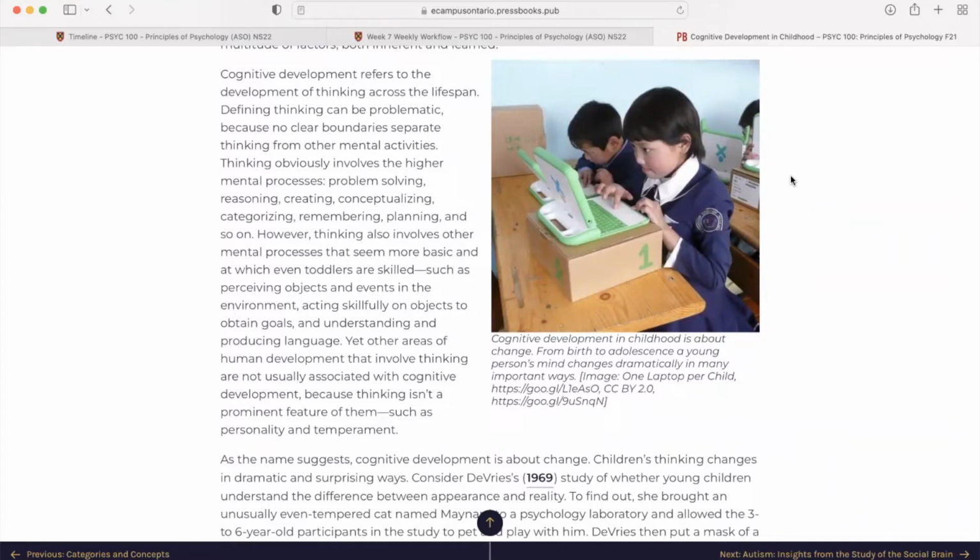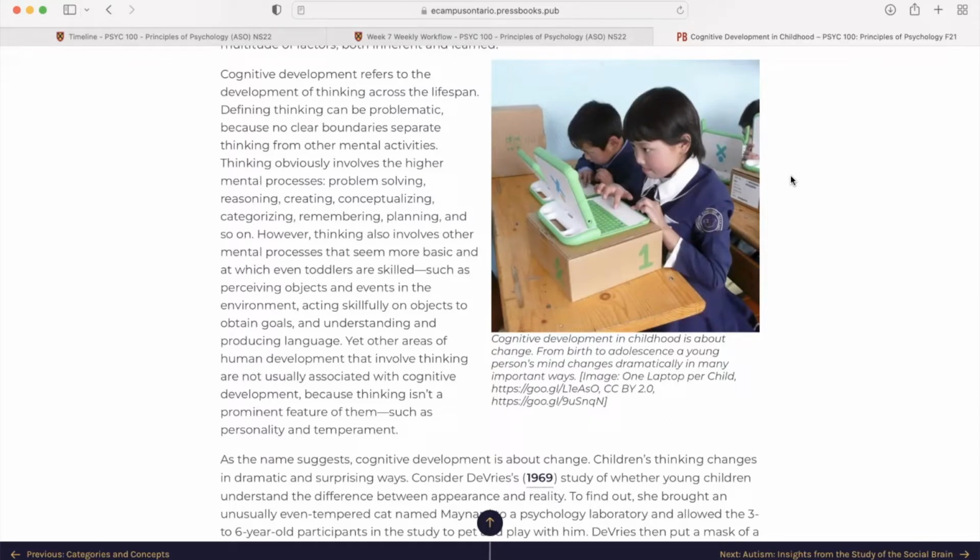Thinking obviously involves the higher mental processes: problem solving, reasoning, creating, conceptualizing, categorizing, remembering, planning, and so on. However, thinking also involves other mental processes that seem more basic, at which even toddlers are skilled, such as perceiving objects and events in the environment, acting skillfully on objects to obtain goals, and understanding and producing language.